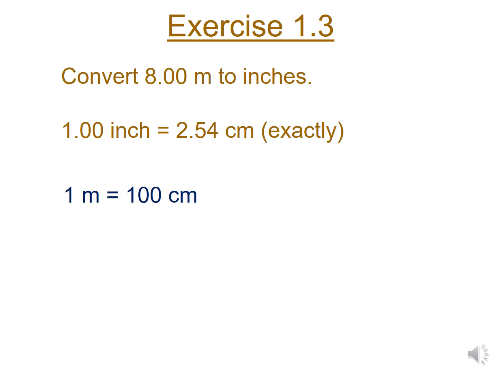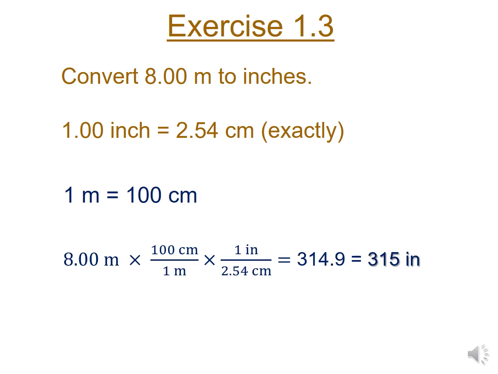Now, let's do it. Here, we start with what is given to us, 8 meters, and then we apply 2 successive unit factors such that we obtain inches at the end. So let's see how this works. This is what we do. We start with 8 meters, then we multiply by the first unit factor, which is 100 centimeters divided by 1 meter.